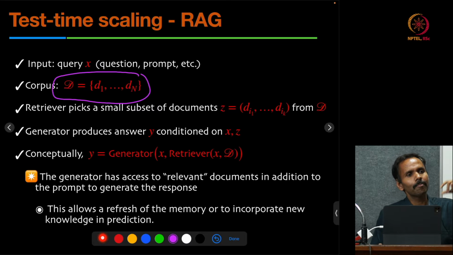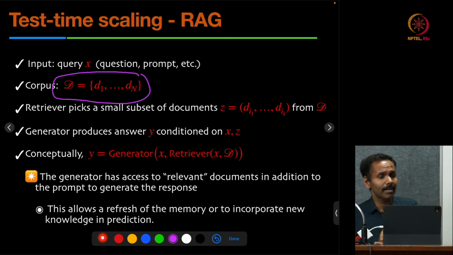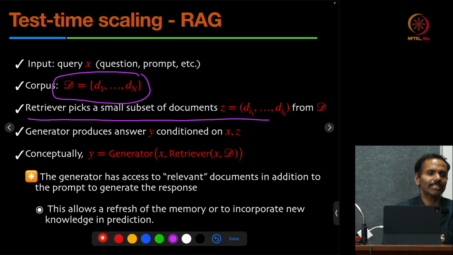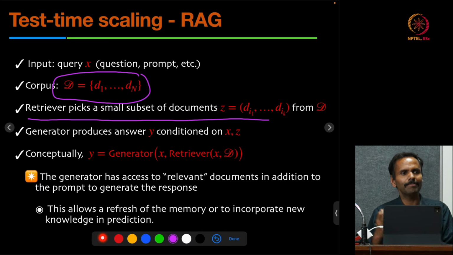Then it has to pick a set of documents that might contain information about this, and the documents could also be website resources. You can search the web for potential web resources that are available to respond to this particular query. Now some selection has to happen. The corpus, the World Wide Web, if you want to mine it to retrieve the relevant information, may be huge.